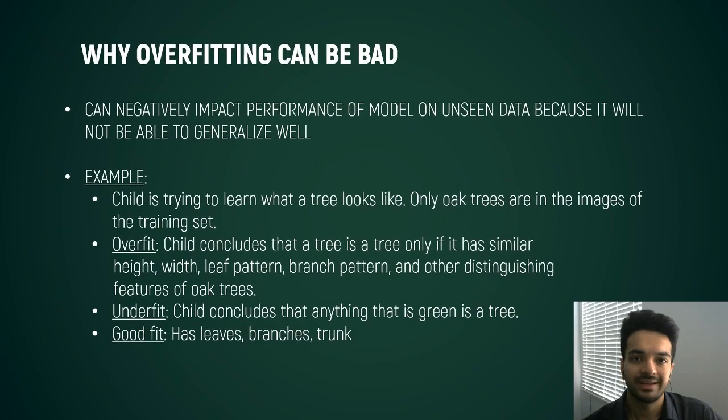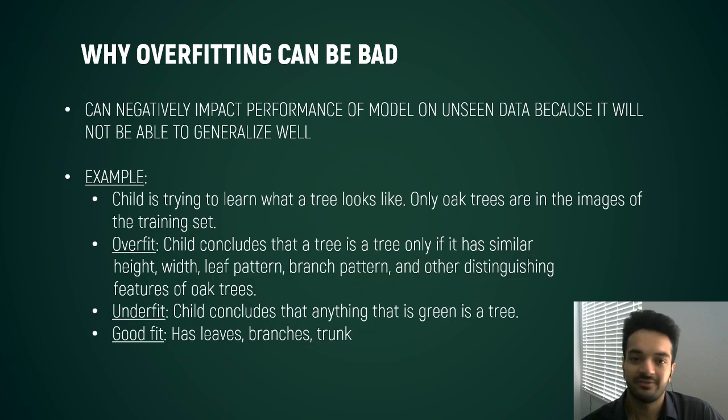Now, why overfitting can be bad? This can negatively impact performance of the model on unseen data because it will just not be able to generalize well. So for example, a child is trying to learn what a tree looks like, and only oak trees are in the images of the training set.